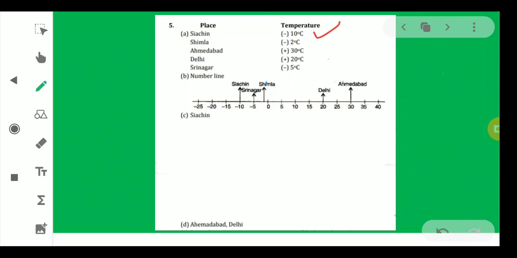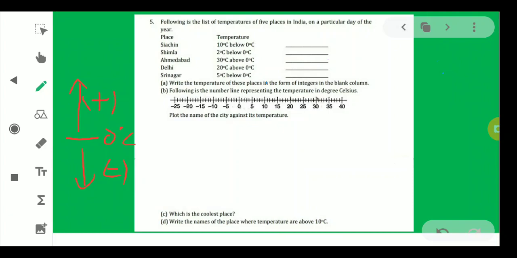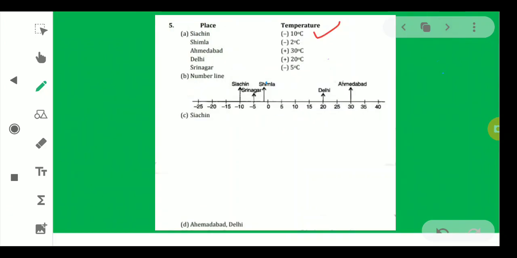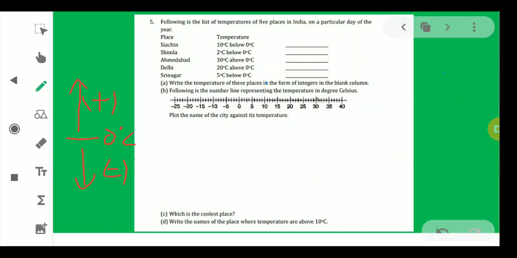So this way we can see. The next is Shimla. It is 2 degree below 0. Again it will be negative, so we will write minus 2 degree Celsius as we have written here. Then we have Ahmedabad, 30 degree above 0. Above 0 it is positive.